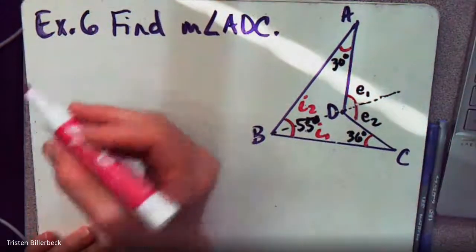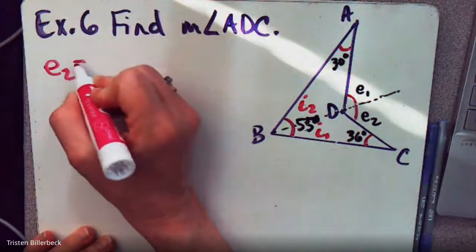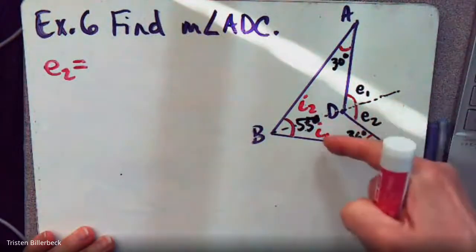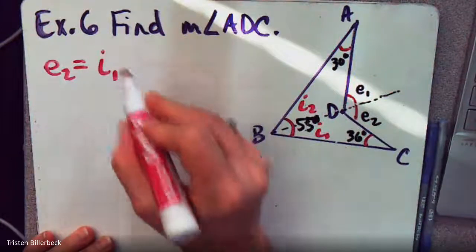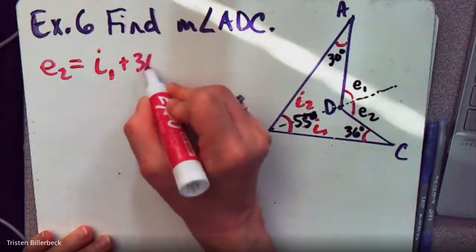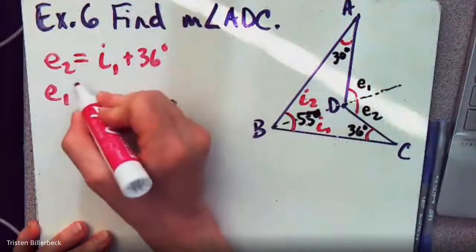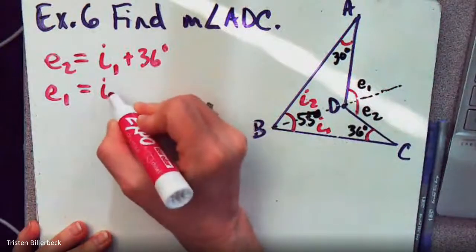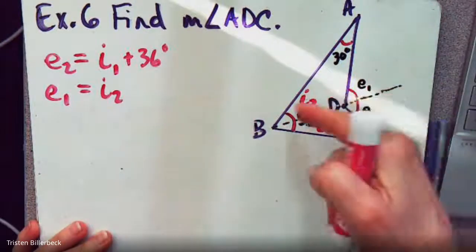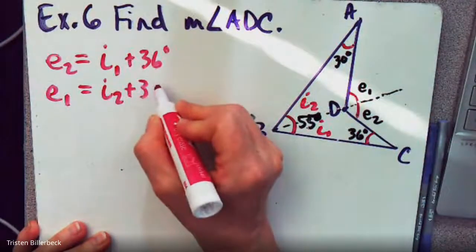So we have E2, angle 2 right here, equals I1 plus 36 degrees. E1 equals I2 plus 30 degrees.